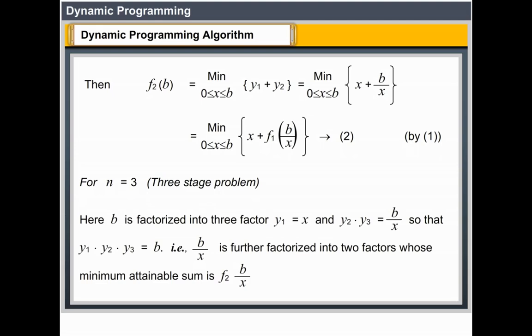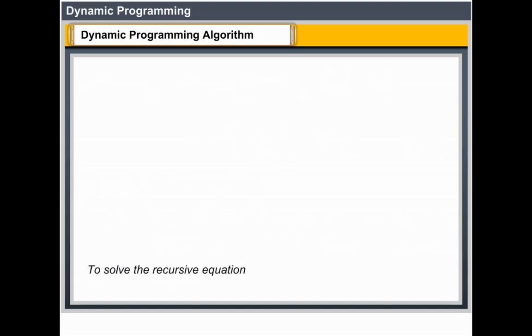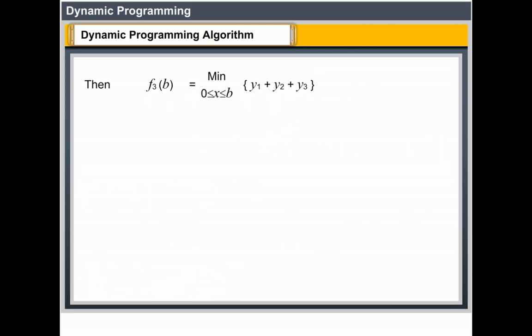That is, b by x is further factorized into 2 factors whose minimum attainable sum is f2 of b by x. Then f3 of b equal to minimum of y1 plus y2 plus y3 for 0 less than or equal to x less than or equal to b, equal to minimum of x plus f2 of b by x for 0 less than or equal to x less than or equal to b, by equation number 2.